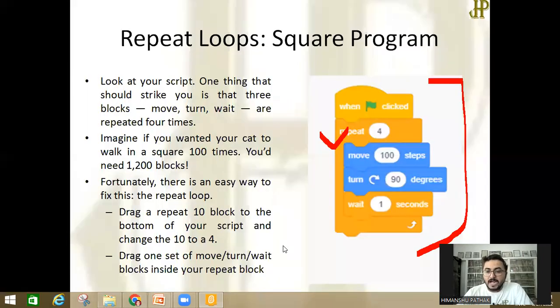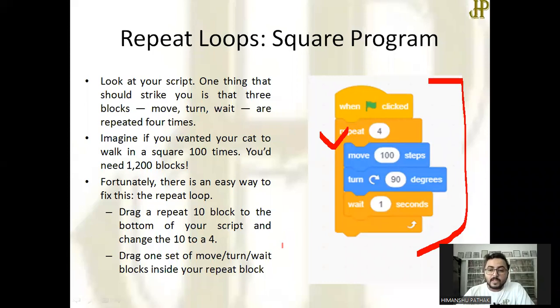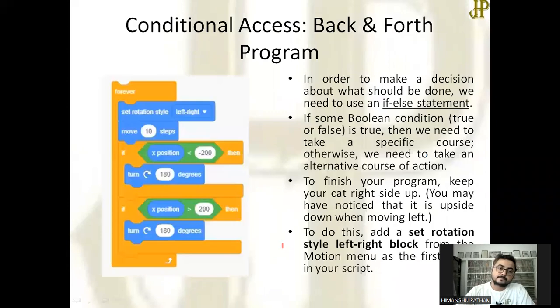You just have to think when and where which logic is to be applied. Again, this example is very popular. That is known as back and forth. You have to move your sprite forward, backward, forward, backward. So what is to be done? You have to take a forever condition, set rotation style left, right. Why?